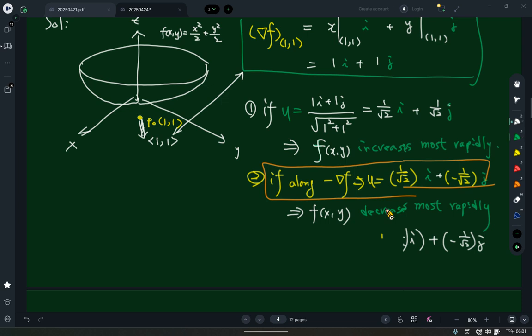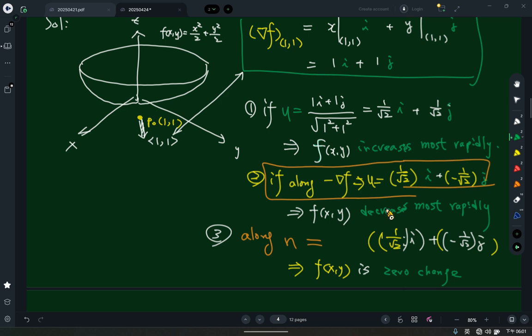Then the third one is along n, and we can get f of x, y just has zero change.